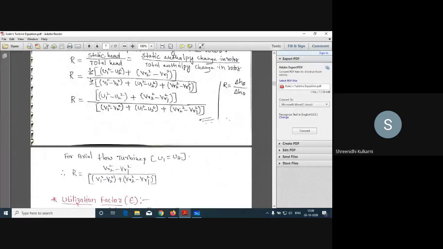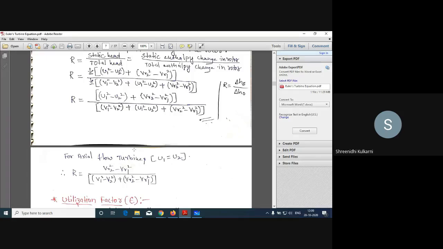The equation is given: R equals (U1 square minus U2 square plus VR2 square minus VR1 square) divided by (V1 square minus V2 square plus U1 square minus U2 square plus VR2 square minus VR1 square).